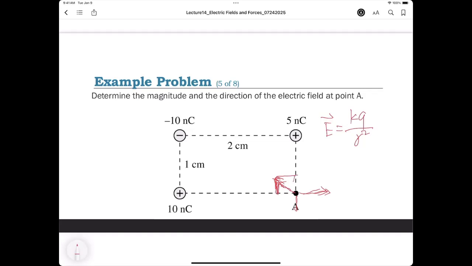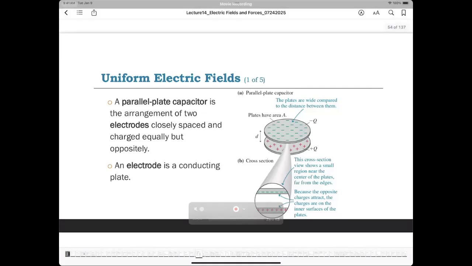You can use this one, and this one is much smaller than this one. So you have this direction and also this direction. You will choose which one is larger, and then get the final magnitude and direction. This is just a hint. You need to solve this problem by yourself, but it's very easy. Just use this equation to calculate every electric field, and then do the vector sum. Does that make sense to you?